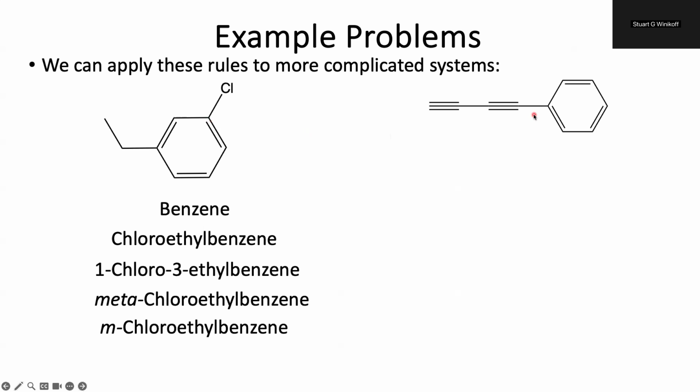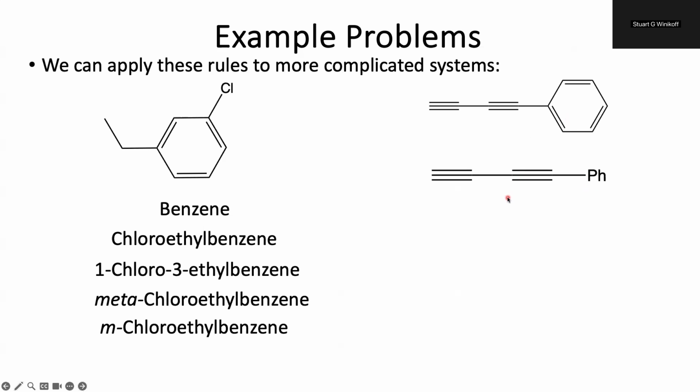Now taking a look at the molecule on the right. Here, the big trick is identifying that while the larger group is going to be the benzene, the more substituted group is going to be this polyalkene on the left. So I can simplify the system by changing that benzene to a simple phenyl group, at which point the naming is a lot easier.